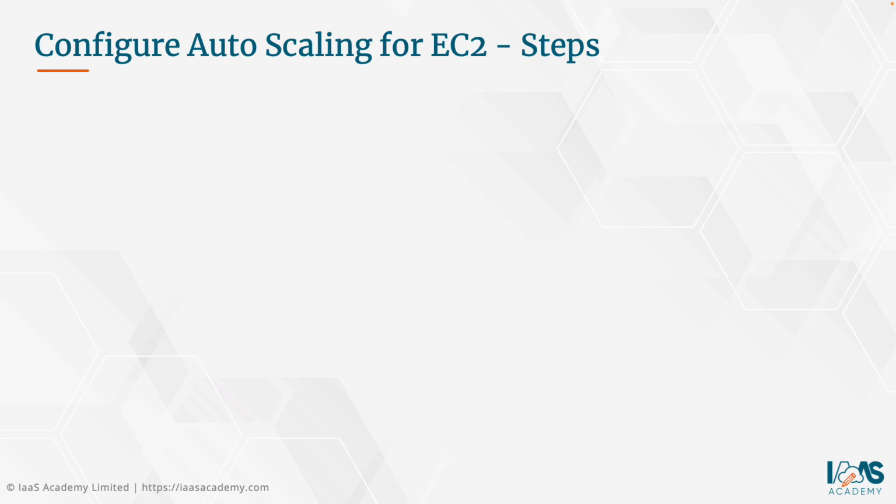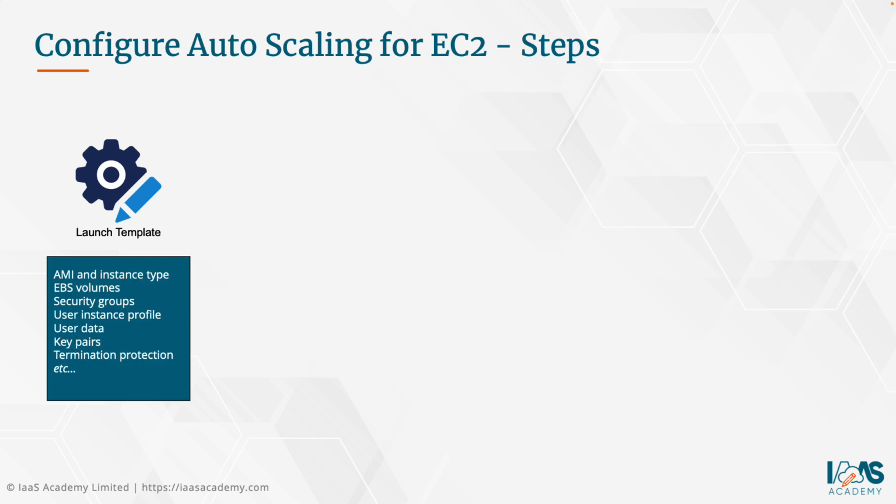Okay, so next I want to take you through some of the core steps you will need to take in order to set up auto-scaling for EC2. So the first thing you need to do is create something called a launch template. The launch template basically is literally that.